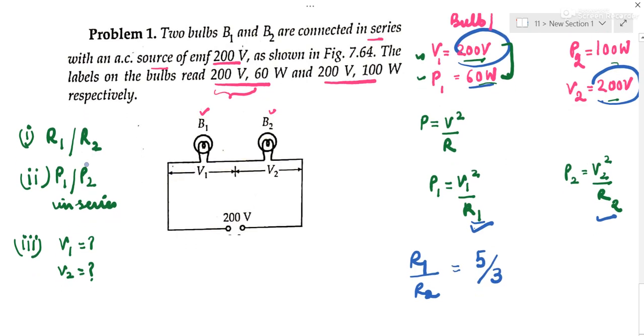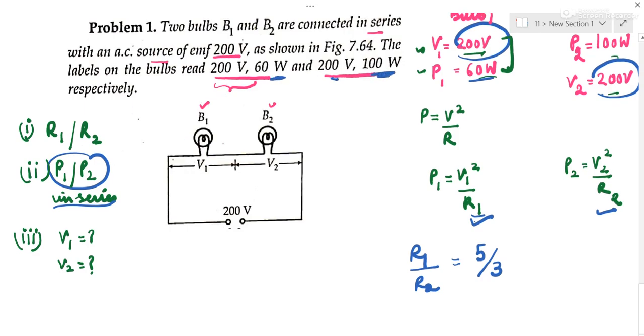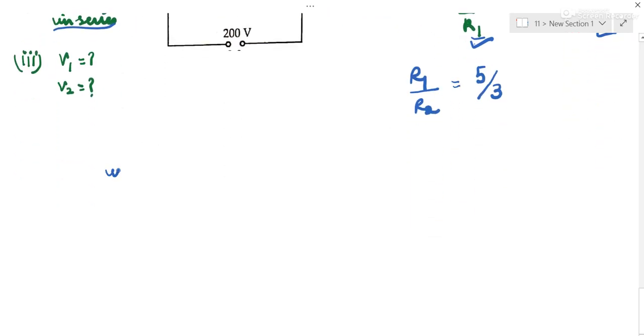Then we have to find out the power in series. This is the power rating, this power we will not use. Power in series. So we know in series the same current flows through both.